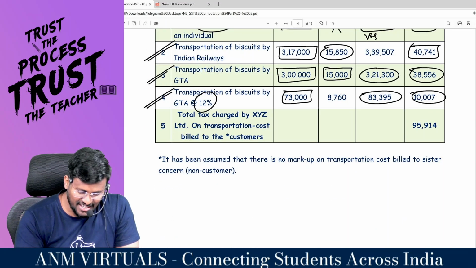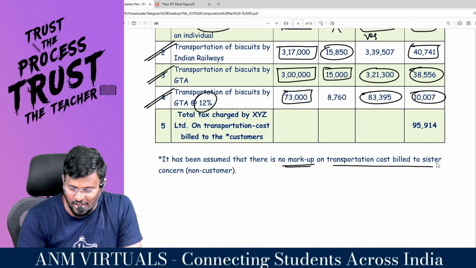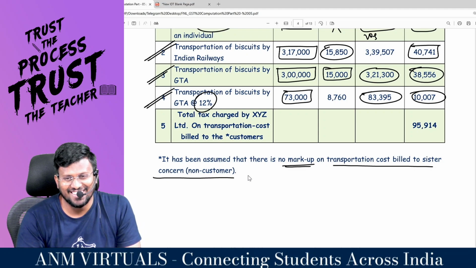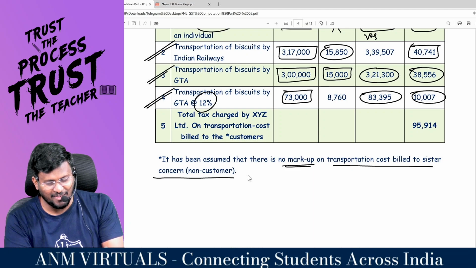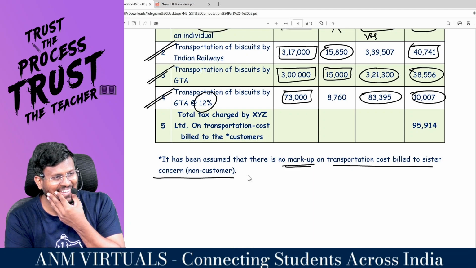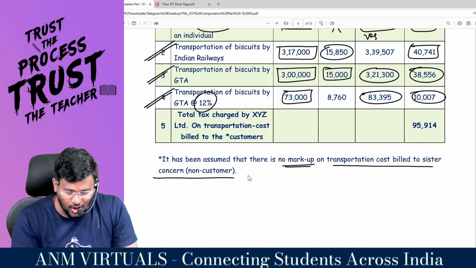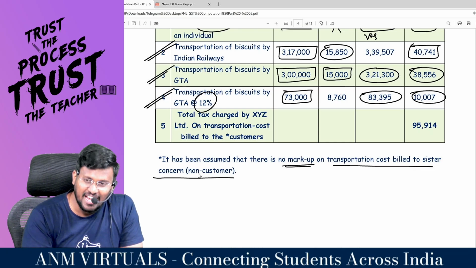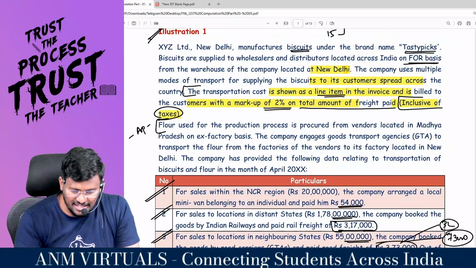Good billing system. It has been assumed that there is no markup on the transportation cost billed to the sister concern. It is only an assumption. So it is assumed that there is no markup on transportation cost billed to the sister concern since they are not a customer.